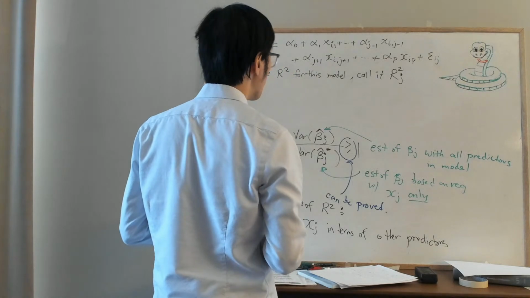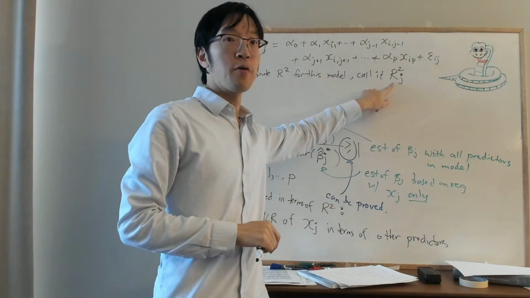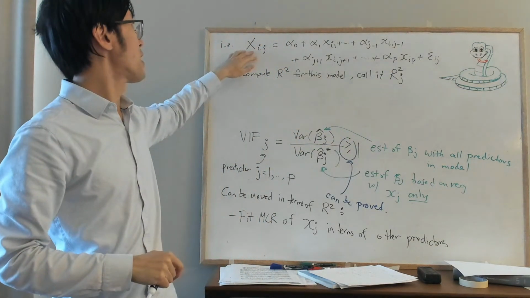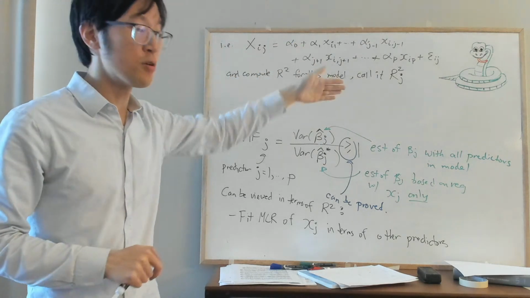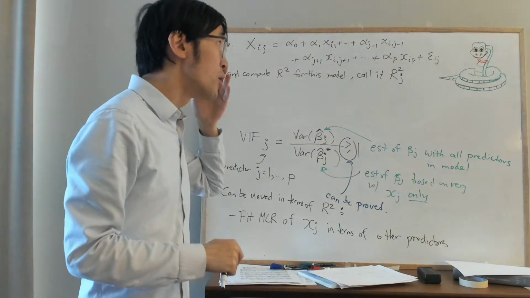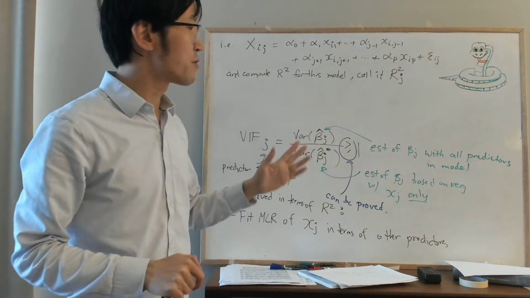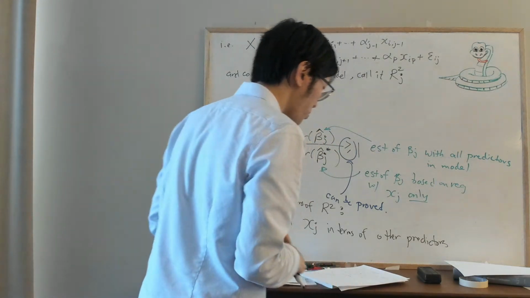The intuition is, remember, if R squared j is, for example, 1, then that means xj is actually perfectly linearly dependent on the others, and so it will be exact multicollinearity. But in general, if R squared j is large, then we have something that's close to being multicollinear.